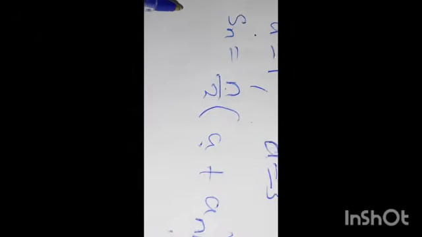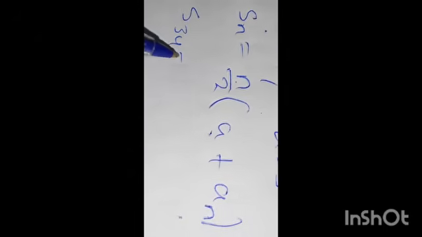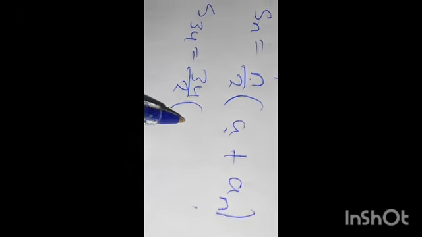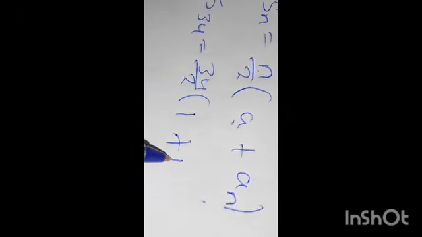We now go back to this formula and replace. The sum of 34 terms is 34 divided by 2, times a, which is 1, plus a_n, which is 100.